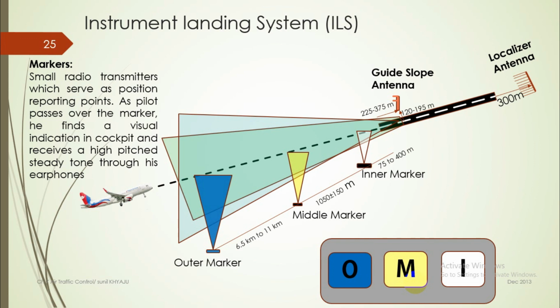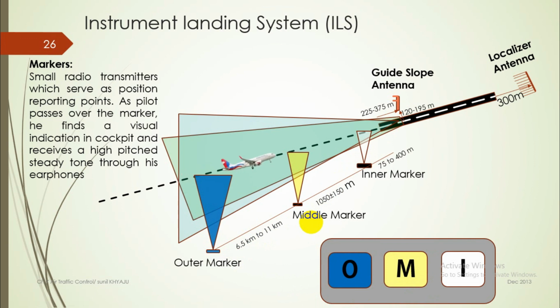When an aircraft is approaching the runway and crosses over the outer marker, the outer marker produces the radio beam and the pilot sees the visual indication of a blue light blinking, showing that it crosses the outer marker at a distance of 6.5 to 11 kilometers from the threshold of the runway.